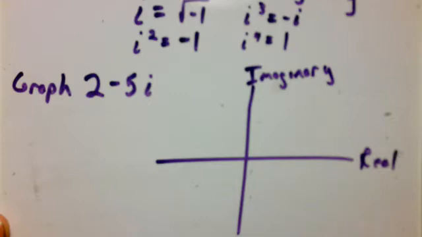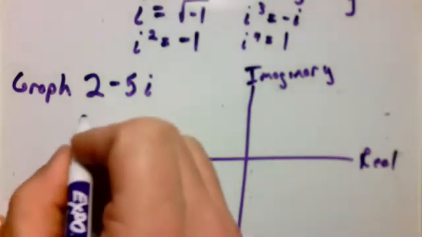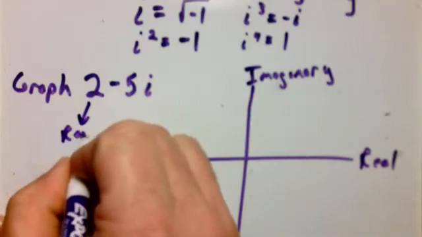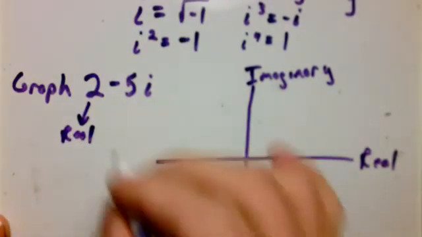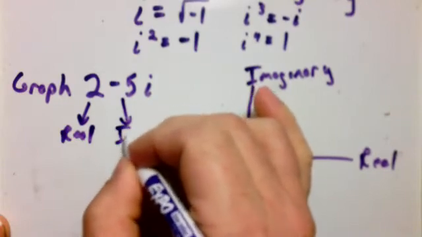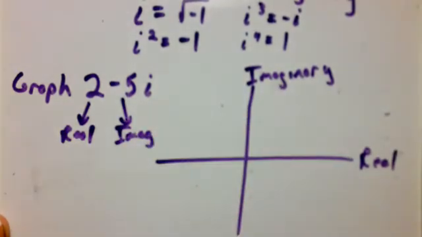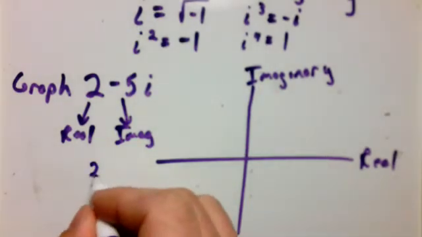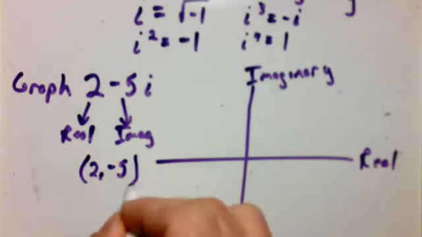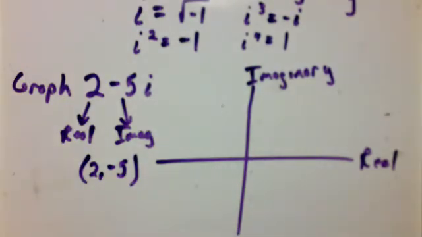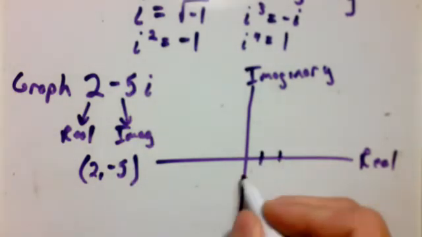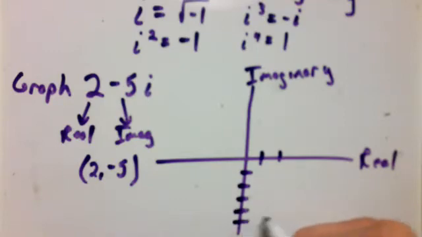So in this case, the real part is 2, and -5 is the imaginary part. I can think of this like 2, -5. If I wanted to think of it in Cartesian system, it doesn't really work exactly like that. But if I go 1, 2, and then 1, 2, 3, 4, 5, that point right there represents 2 minus 5i.